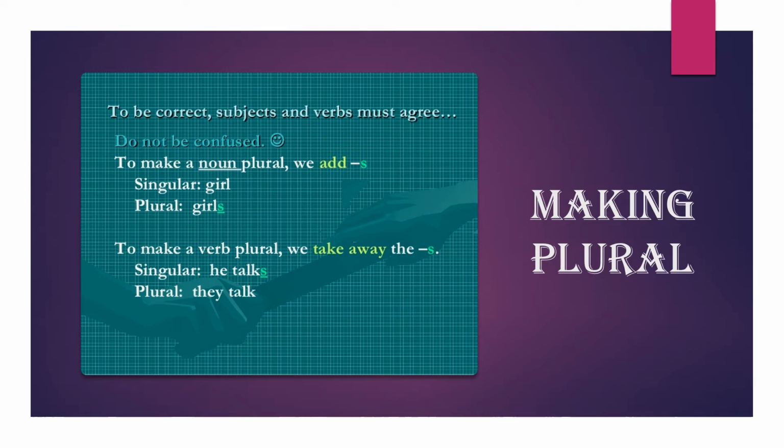The moment I take away this S from here, it will be they talk. So with they, which is a plural subject, talk is again a plural verb. You've taken away the S. So nouns and verbs in this context will go opposite. Nouns will be made plural by adding an S. Verbs will be made plural by removing the S.